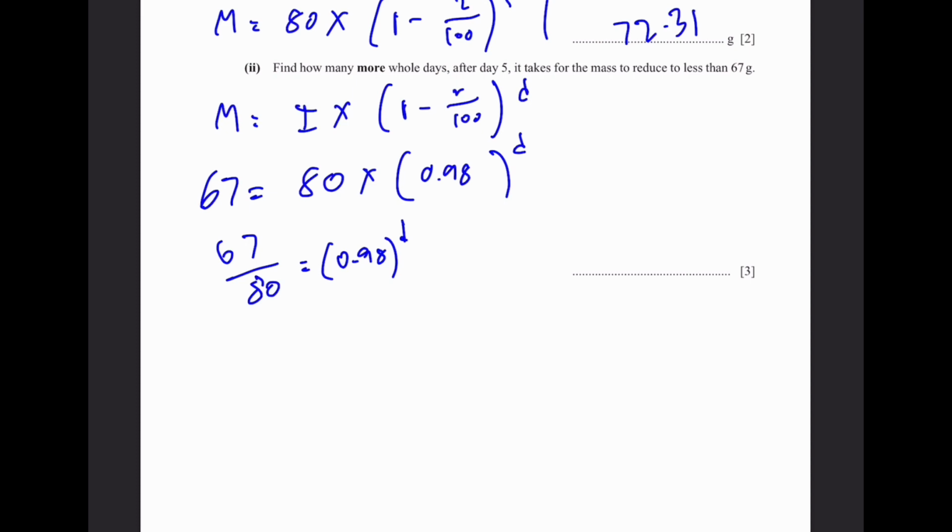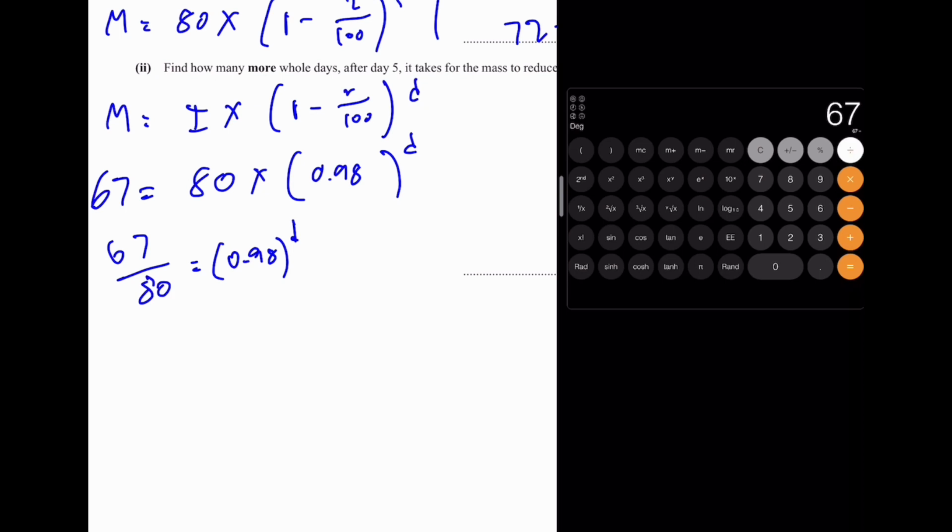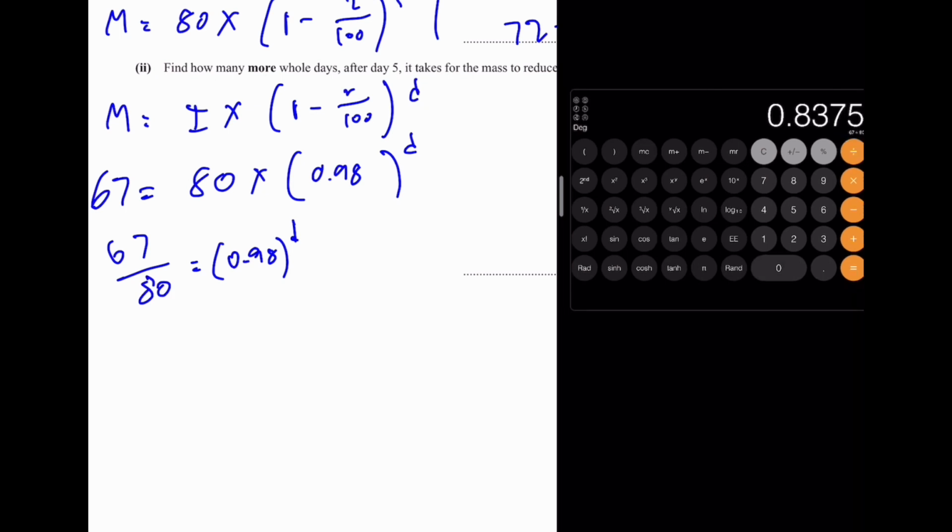Let's get our calculator out. 67 divided by 80, we'll find that in decimal. 0.8375. Now we need to put 0.98 to a certain power to get 0.8375.